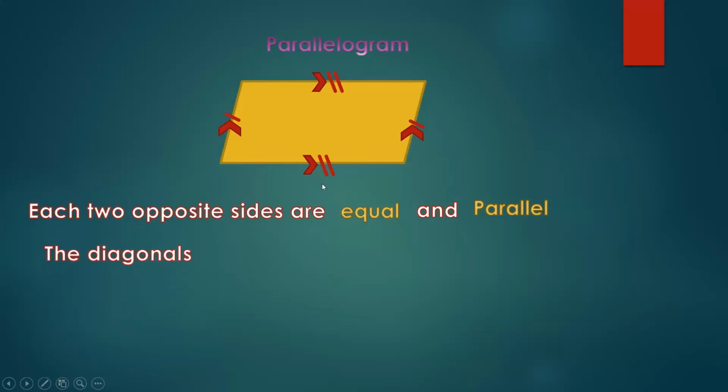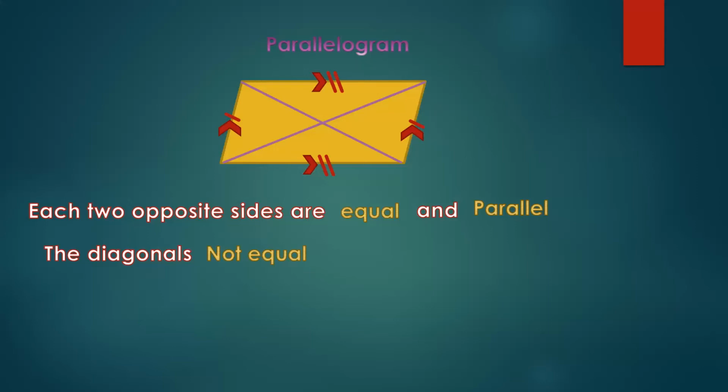The two diagonals. Here we have two diagonals, and a diagonal is a line segment which joins two opposite points. The two diagonals of a parallelogram are not equal. Any shape that hasn't a right angle, the diagonals are not equal.